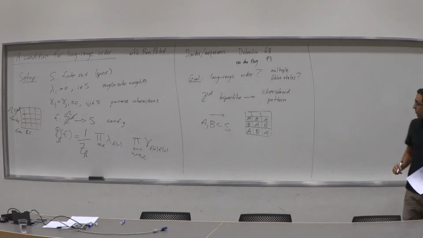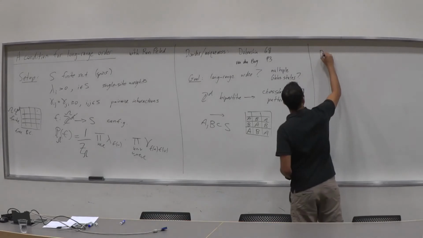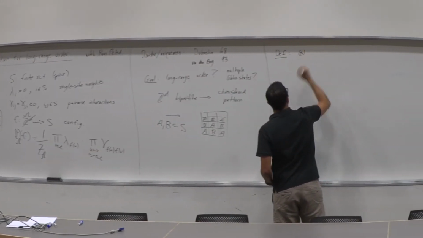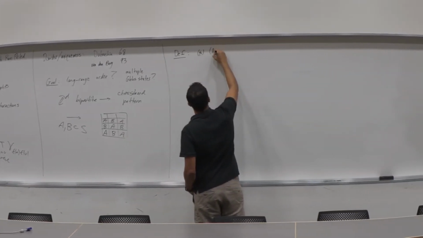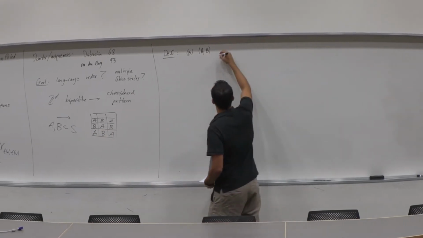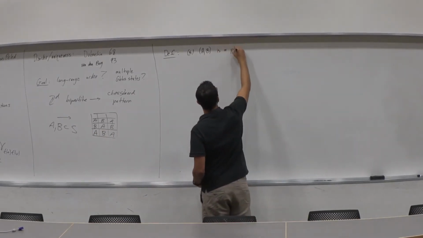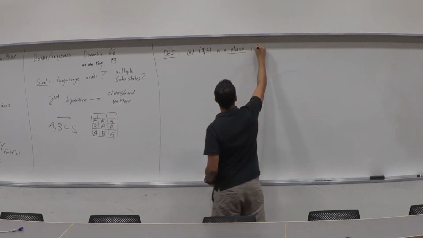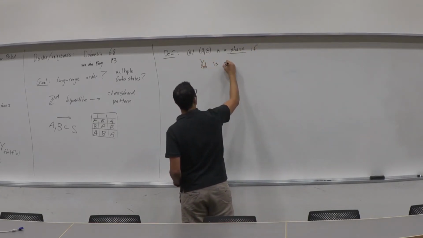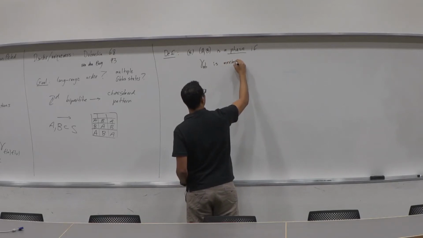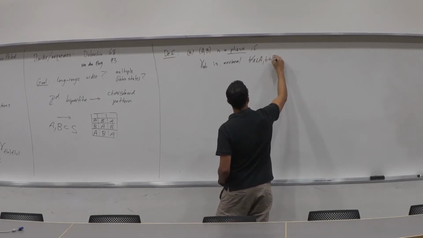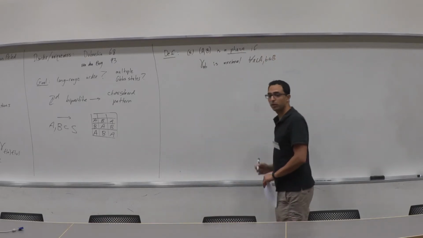Okay, so to formulate our results, we're going to need a few definitions. Two definitions. The first: let us call a pair A, B of subsets of S a phase if gamma_{ab} is maximal for all a in A and all b in B. What do I mean by maximal?